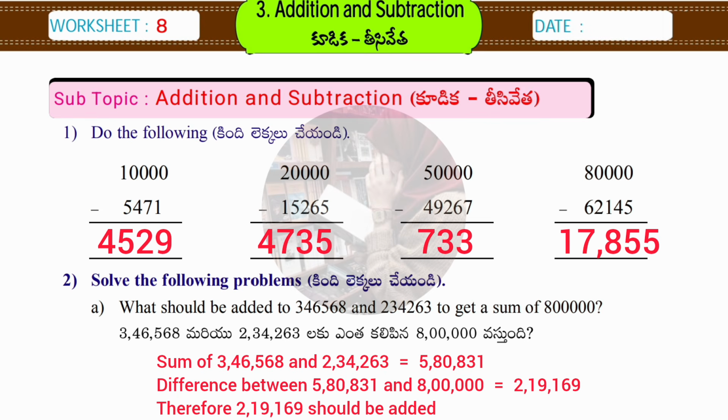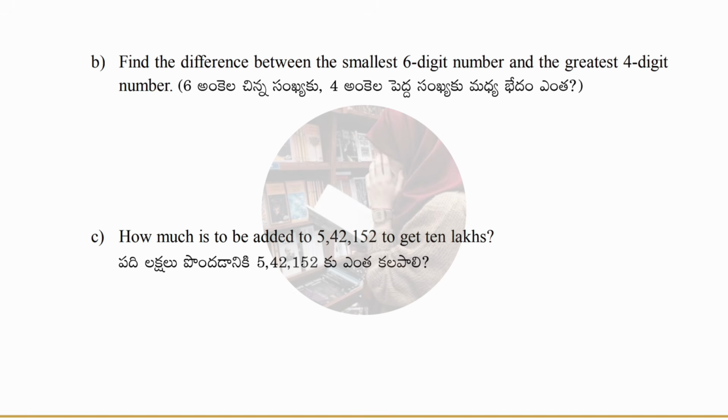Then we have to find the difference between the total amount and the given third number, 5,80,831 and 8 lakhs, which is 2,19,169. So the number we have to add to get 8 lakhs is 2,19,169. Understood, guys?